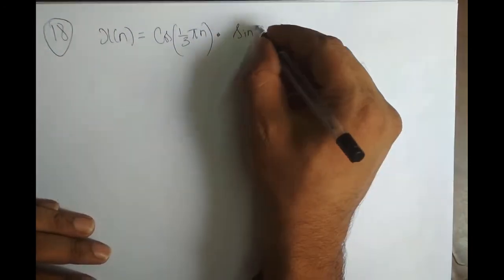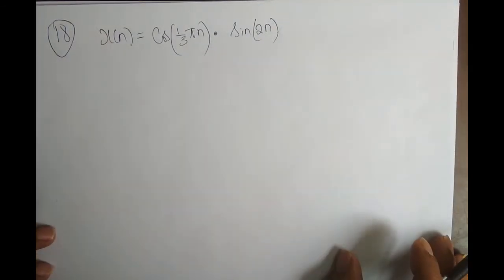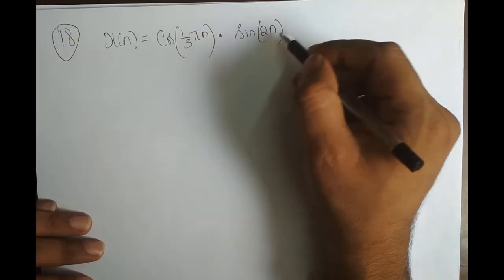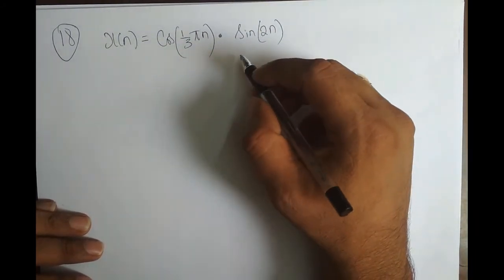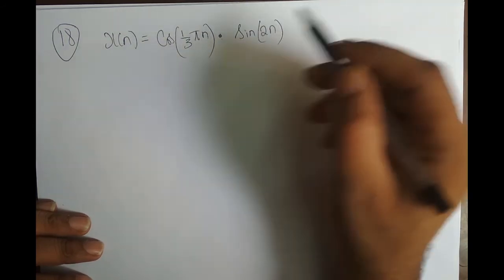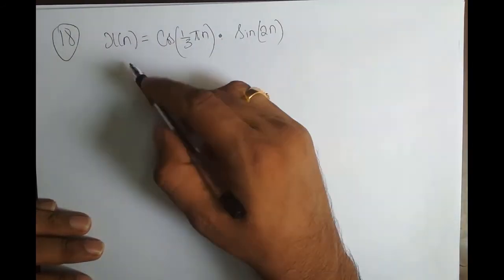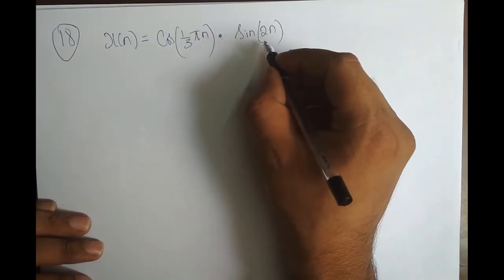This is the product of two signals. Whenever you have a product of two signals, you have to convert it to a sum. But we have one more result: whenever a non-periodic signal is multiplied with a periodic signal, the combined signal is non-periodic. And sine 2n here is a non-periodic signal.